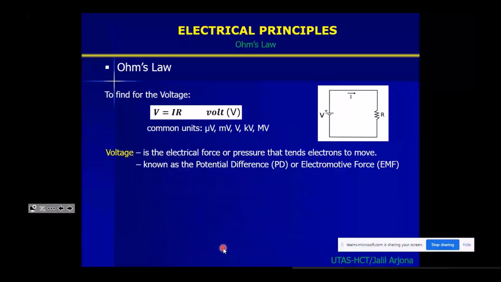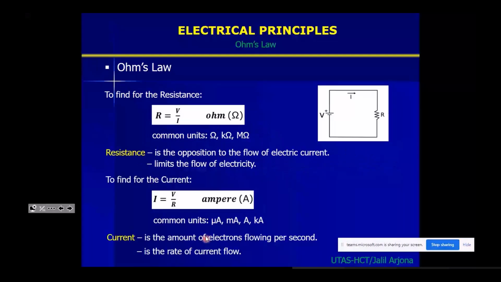Next, how about if you are told to find the voltage? You will use this formula, V is equal to I times R, and the unit will give you volts. Going back to the current, common units are microamperes, milliamperes, amperes, and kiloamperes.